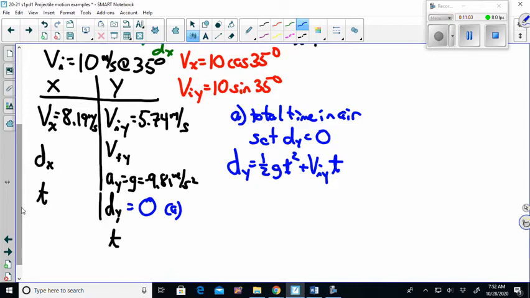I've decided on the equation I'm going to use. Step 4, substitute in my values. I set dy equal to 0, 1/2 times negative 9.81 t squared plus 5.74 t.